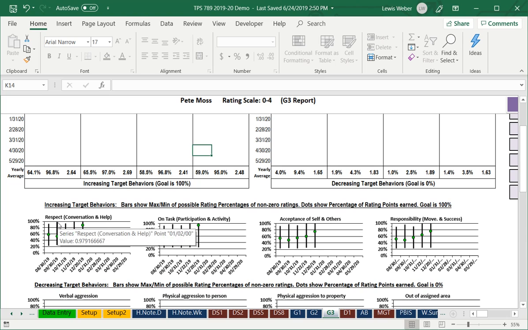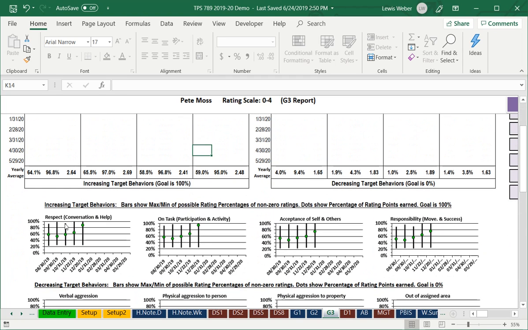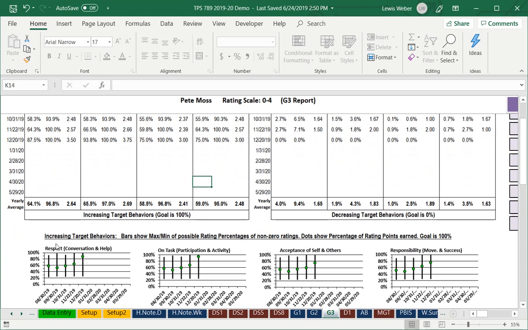Here it was 97% for the second month. There it is right there, 97.9. And then it was 93.9, which is right here. So the top of the bar is occurrence, and the location of the dot on the bar is the intensity.